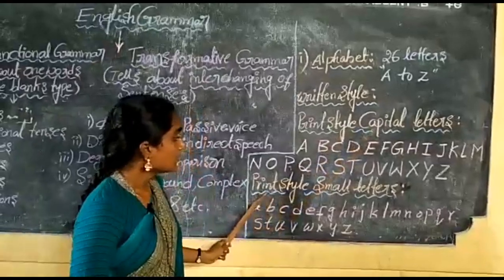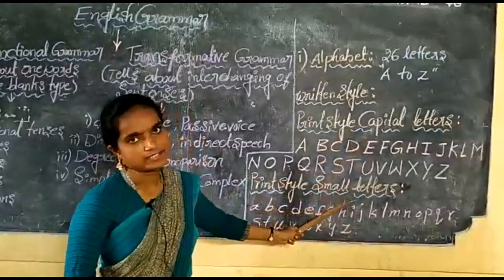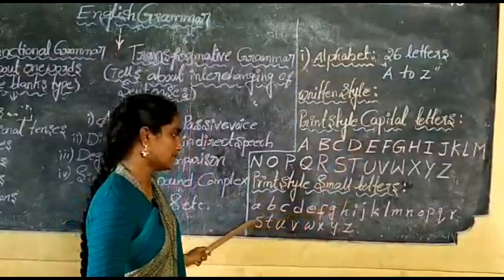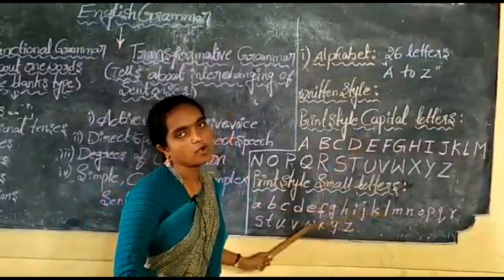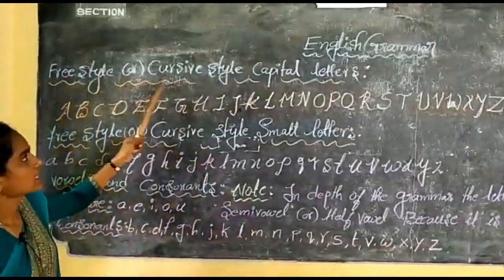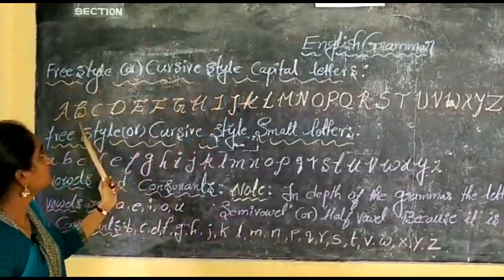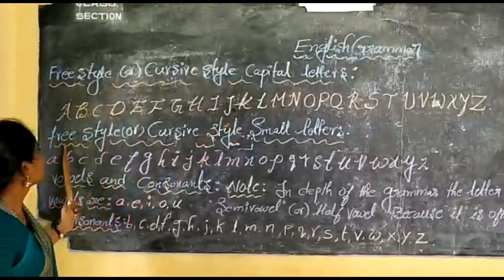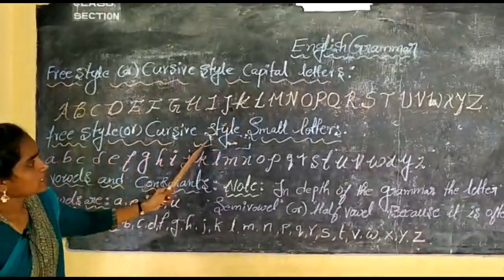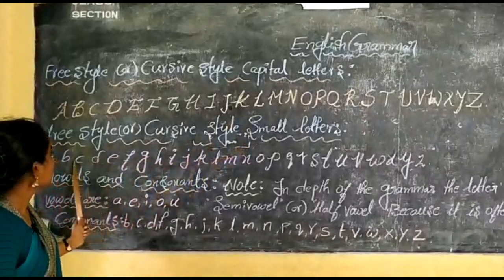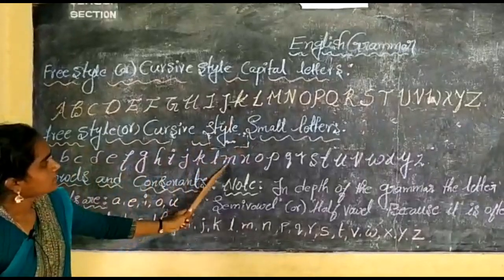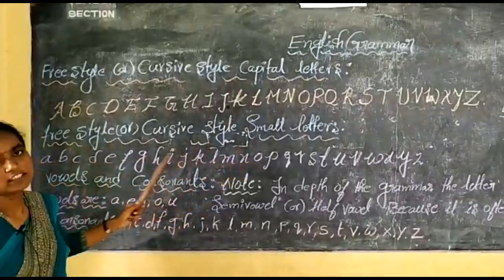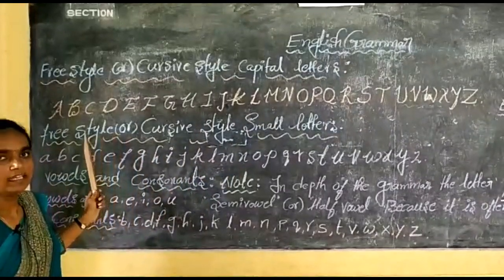Second one is print style small letters. Third one is freestyle or cursive style capital letters. Fourth one is freestyle or cursive style small letters. These are four types of written letters.